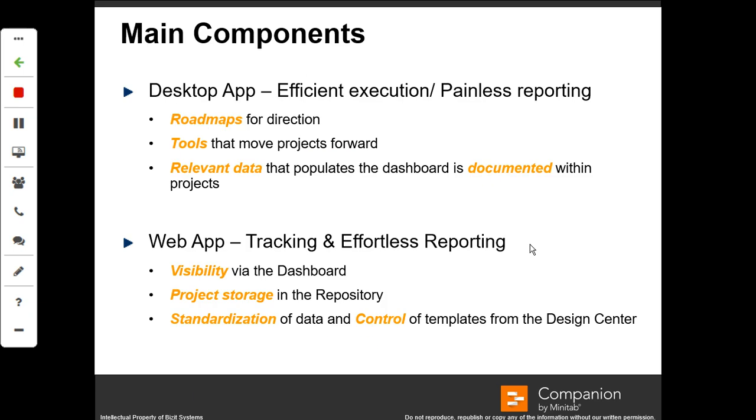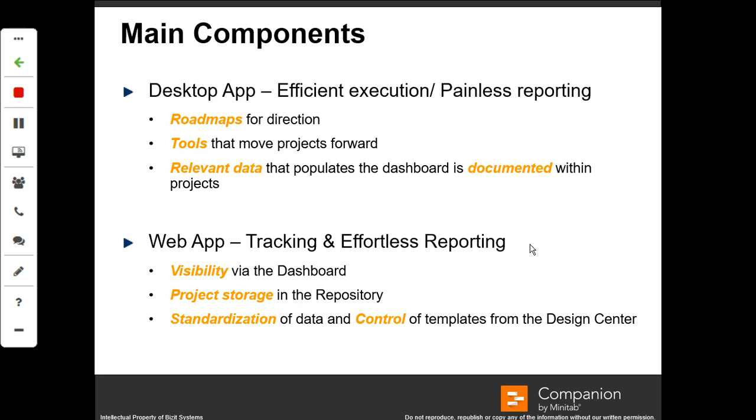So these are the main components of Companion by Minitab. On the desktop app itself, there are roadmaps that provide direction for the team members, and there are tools that move the project forward, as well as relevant data that will populate the dashboard, which is documented within the project.